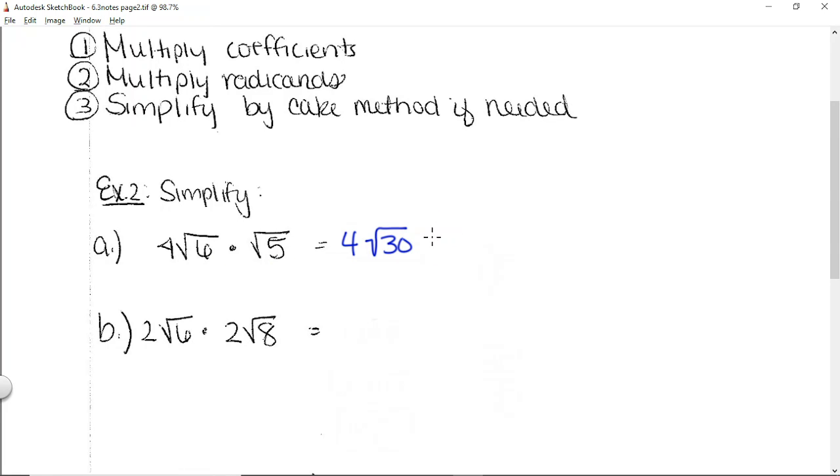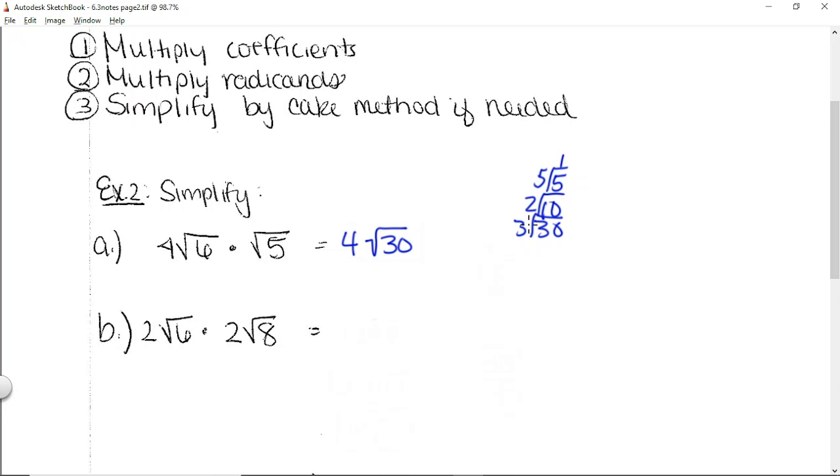So now, simplify by cake method if needed. That's step 3. So can we simplify that? We have 30. Maybe don't remember doing 30. So let's see. Okay, so we would go with 3, and that gives us 10. And then we have 2. That gives us 5, and that use 5. And that's it.